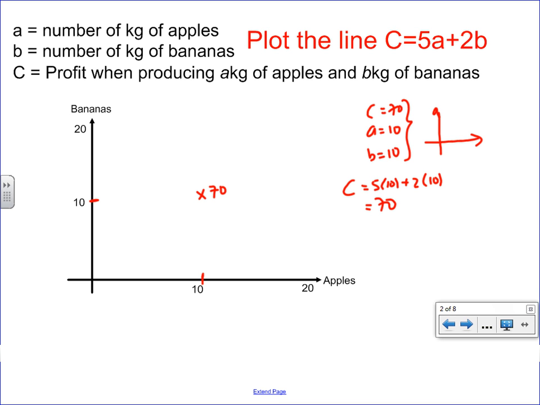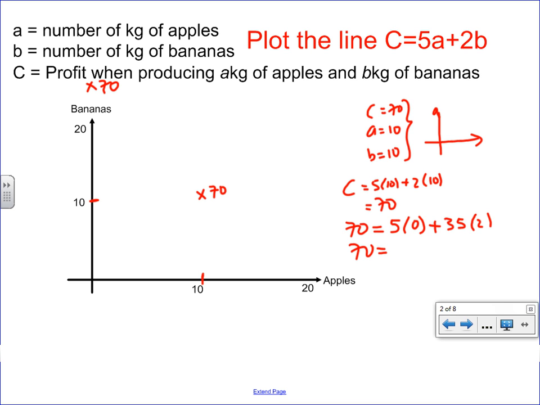Now, there is another place on the graph where the profit would be 70. When else could we make it 70? I know, we could make no apples and 35 bananas. If we produce no apples and 35 kilograms of bananas, that's going to be up here somewhere, and that would produce a profit of 70 as well.